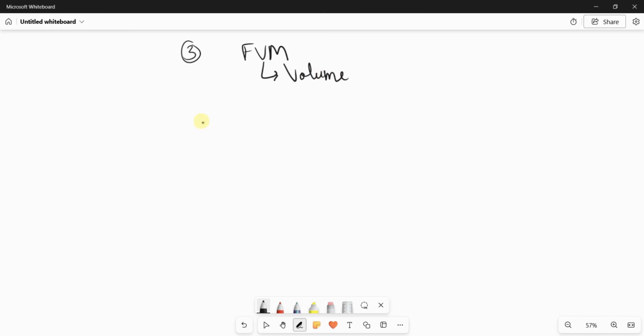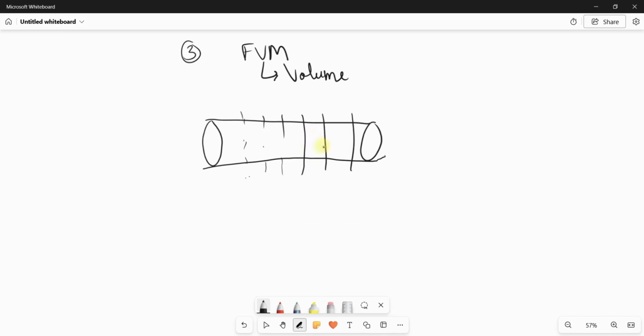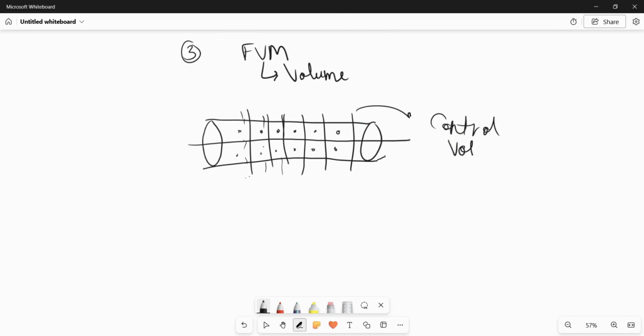As the name says, if you have a pipe, you divide it into control volumes, right? So I'll just assume these points. You have divided this whole region into control volumes. Another name for control volumes is cell. So I've divided them into multiple cells.